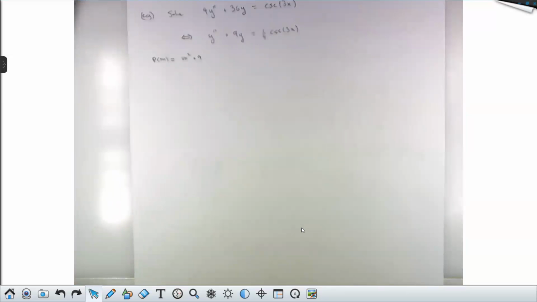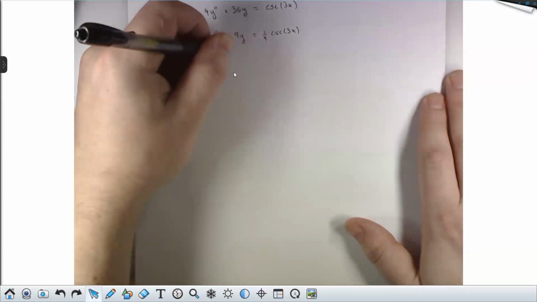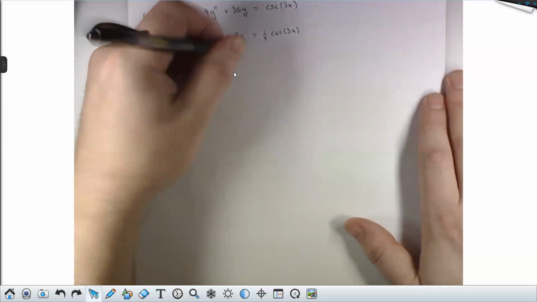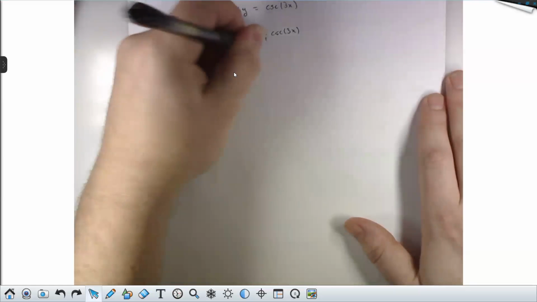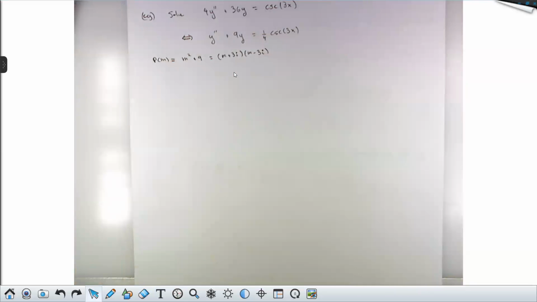It's m squared plus 9 times m to the 0. Remember that the y isn't an m, it's the derivatives that are powers of m. So this can be factored as m plus 3i times m minus 3i. It's a difference of squares, it's just complex numbers.